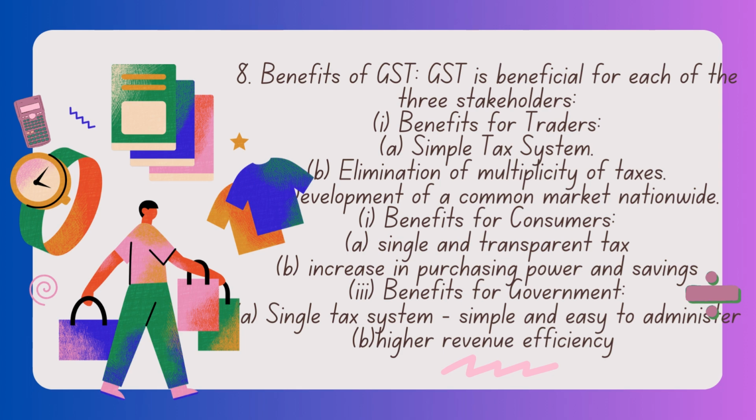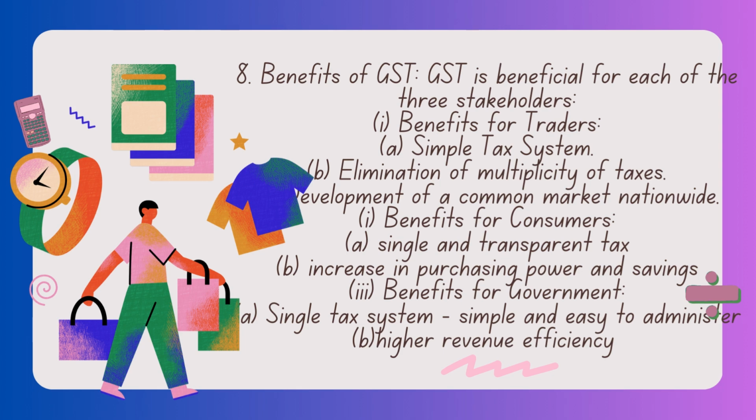Benefits for consumers: it's a single and transparent tax, with an increase in purchasing power and savings. Elimination of the cascading effect, which is taxation over taxes, has resulted in a reduction in the cost of goods and services.